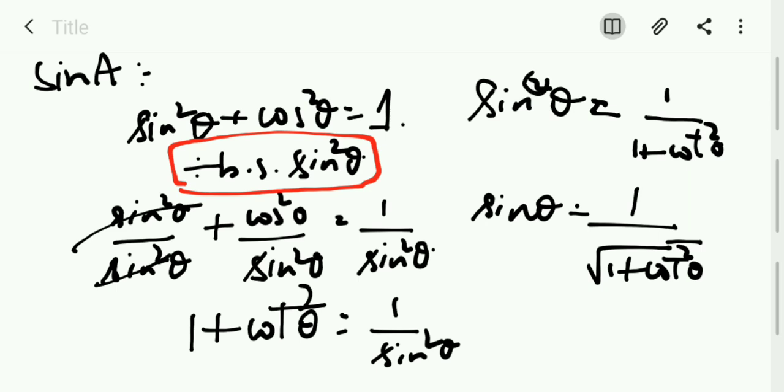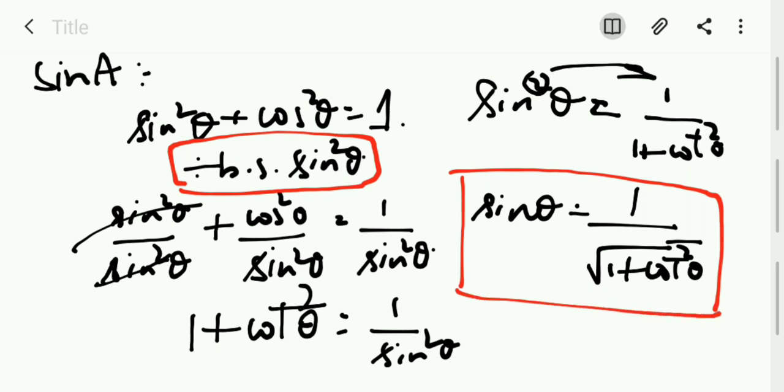Because this square goes here and becomes a square root. Anyhow, the square root of 1 is nothing but 1. So your denominator is the square root of 1 plus cot square theta. Okay, now look here. Sine theta is written in the form of cot theta. Easy. So this is how you need to write, guys. Now we are done with sine A.